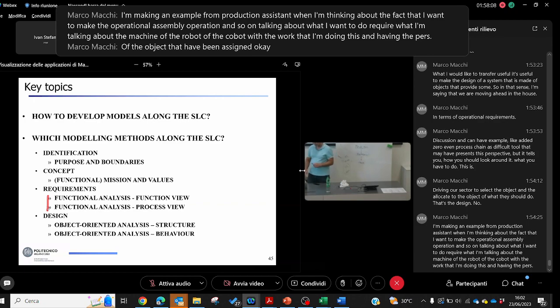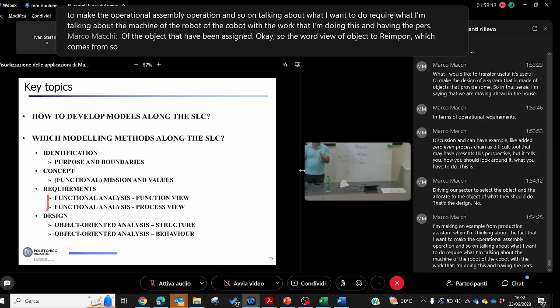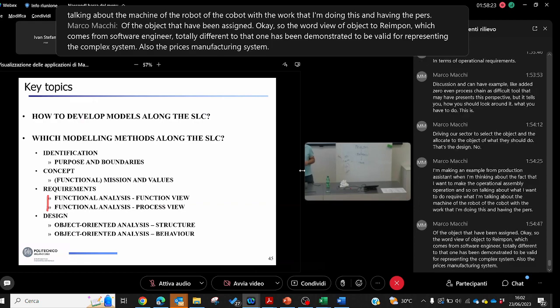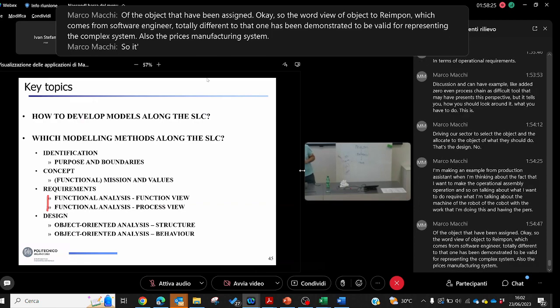So the worldview of object-oriented, which comes from software engineering, totally different from production, has been demonstrated to be valid for representing a complex system, also enterprises, manufacturing systems, whatever. So it's good, and in terms of software engineering, it has become one of the de facto methodology standards.